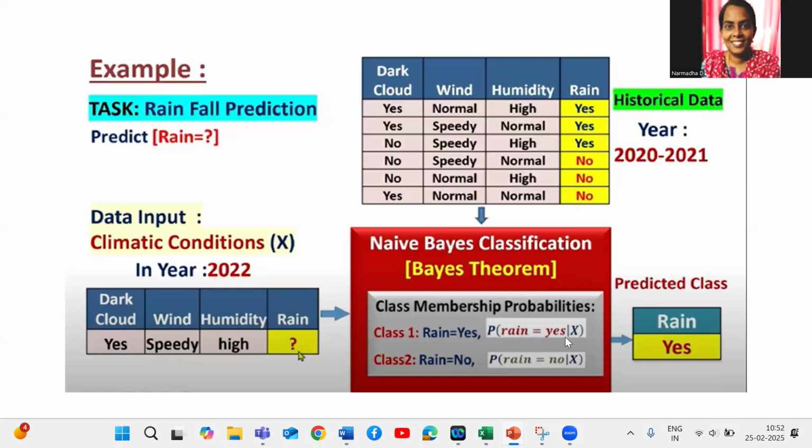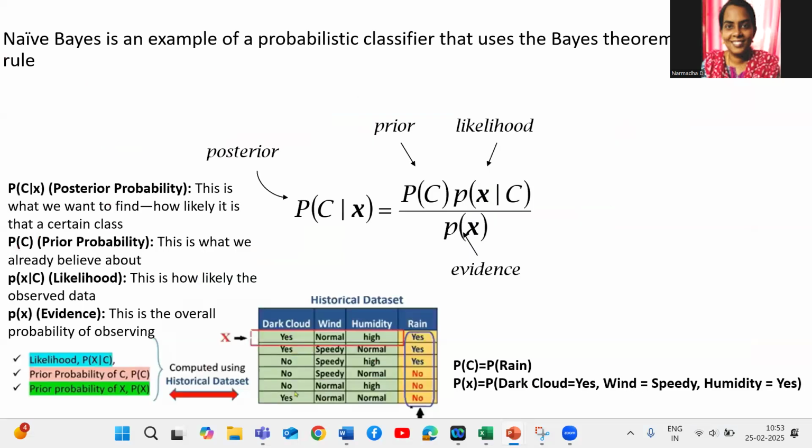We will compare both probabilities, and whichever is greatest will be the output for this given instance. So this Naive classifier uses the Bayes theorem, and this is the formula: P of C given X is equal to P of C multiplied by P of X given C divided by P of X.